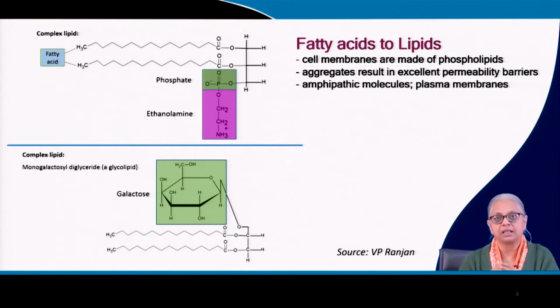So this gives it amphipathic properties, and these amphipathic properties are the fundamental basis of the formation of plasma membranes. So it's the hydrophilic hydrophobic interaction that results in a plasma membrane, because you get an orderly arrangement where all the heads face water and all the tails face each other, forming a layer in between, and this layer becomes relatively impermeable because you have a non-polar layer sandwiched between water on both sides, because the plasma membrane has water on both sides.